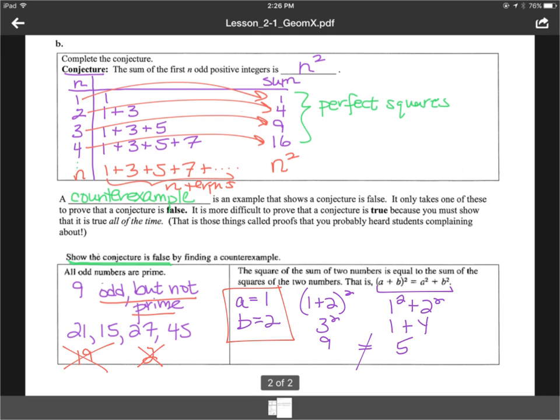Now, another reason that you would know that that's false is because remember, when you multiply (a plus b) squared, how do you square that? You don't just do a squared and b squared. That's not how you simplify that. You do, squaring means multiply by itself.